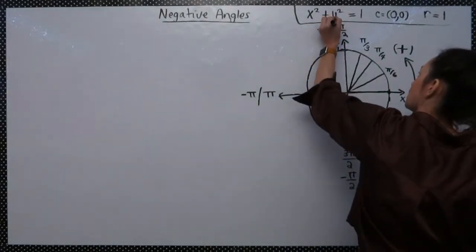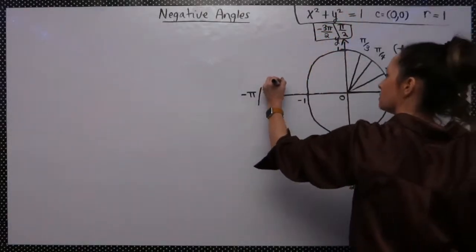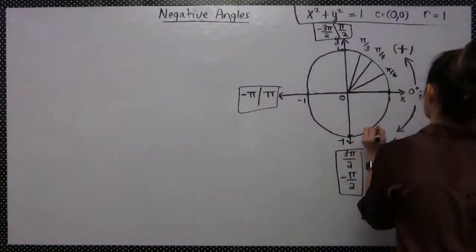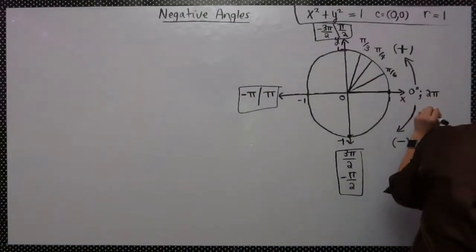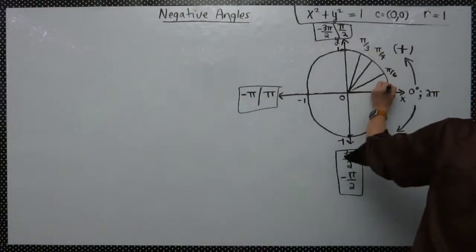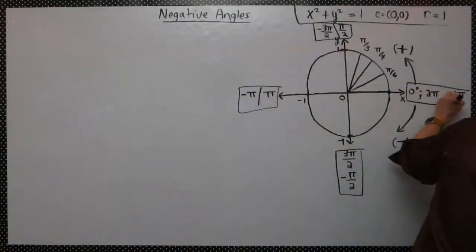Okay, both of these, and 2 pi. So if you go all the way around completely, you've also gone negative 2 pi out here. So this becomes all of those.